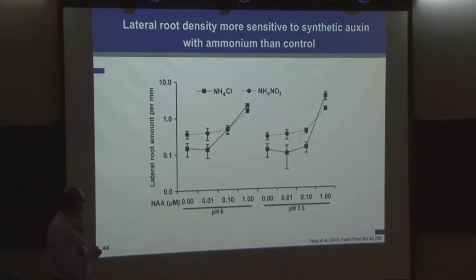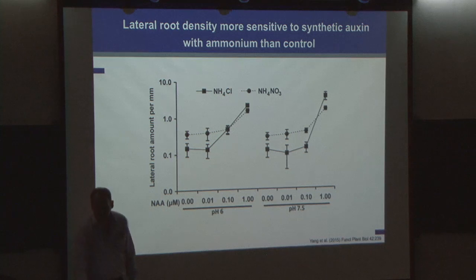When we look at these different synthetic auxin concentrations at lower pH and higher pH, we see that with little auxin we get fewer lateral roots, and with more auxin we get more lateral roots. So lateral roots require the auxin to be made, and this dependence on the auxin is somehow steeper with ammonium than in ammonium nitrate conditions.